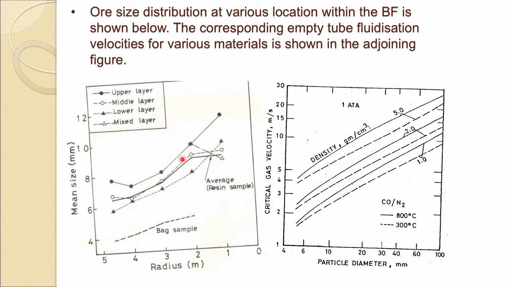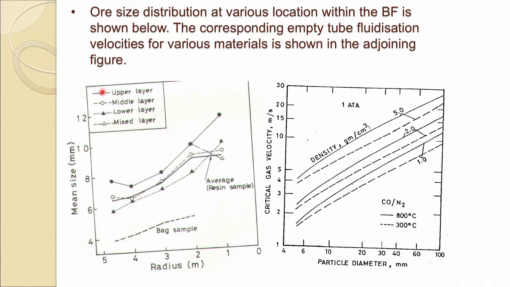This figure shows the size distribution at various locations within the blast furnace and the corresponding empty tube fluidization velocity for various materials. If you look at this, this is the radius of the furnace versus mean size, for the upper layer, middle layer, lower and mixed layer. So, the lower layer belongs to the lower part of the furnace, and then the middle section and the upper section.